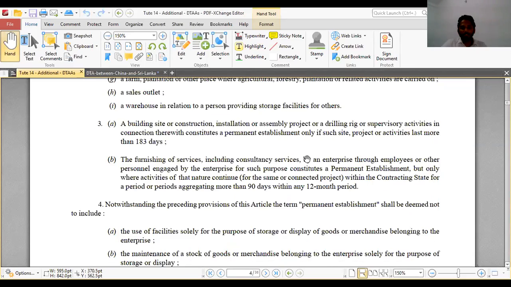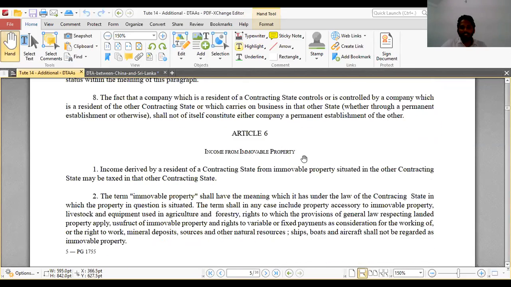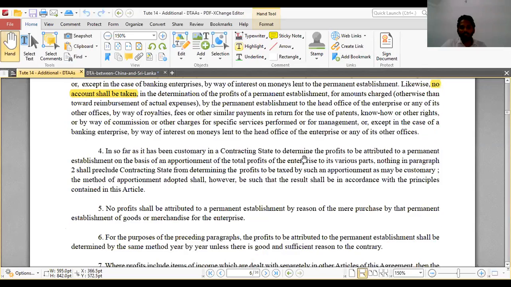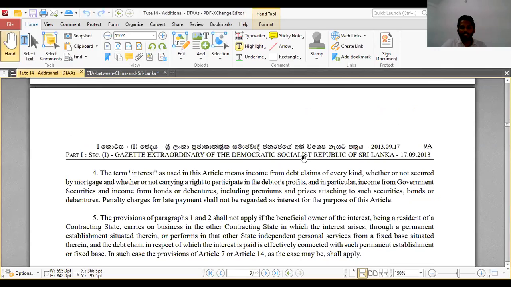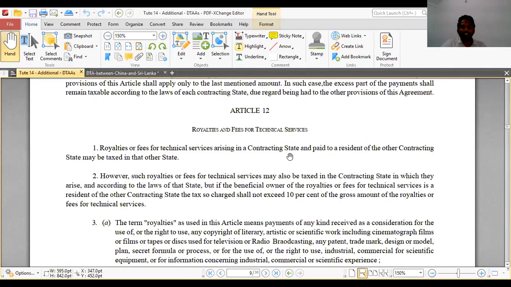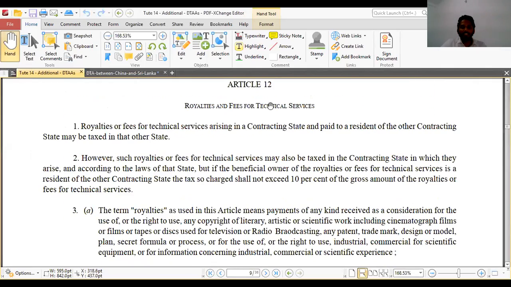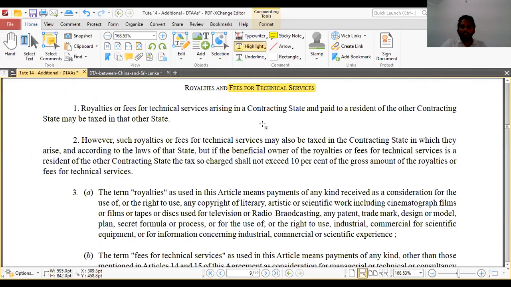I will show you the applicable article in the case of technical service: royalty and fees for technical service.